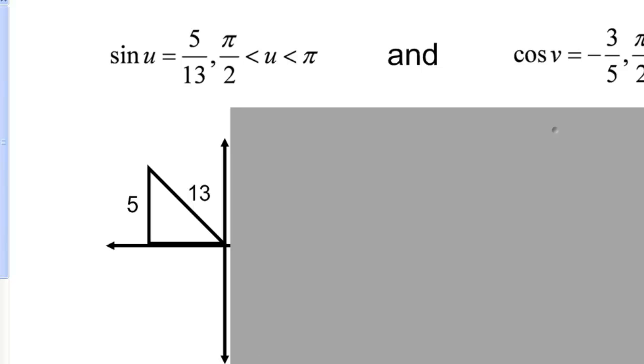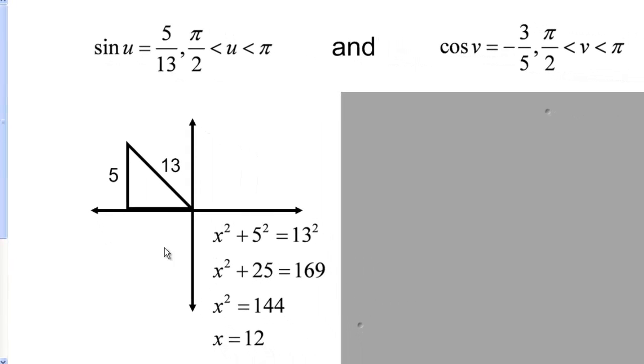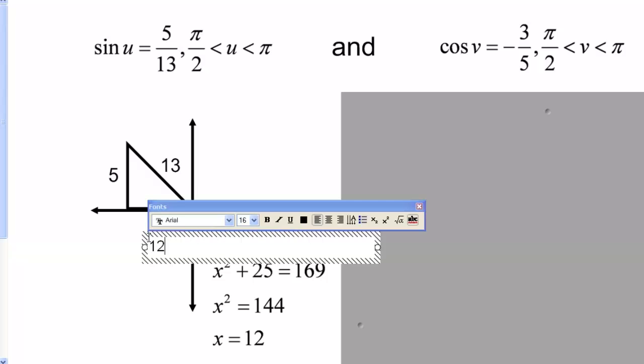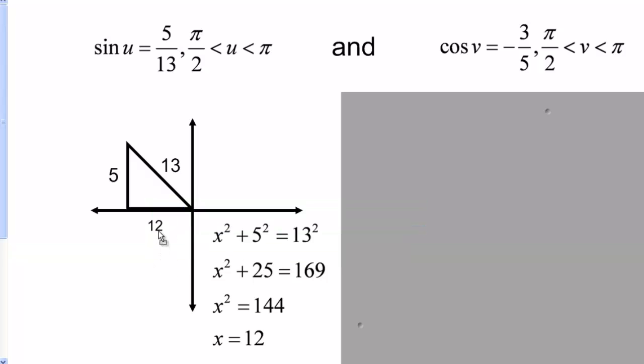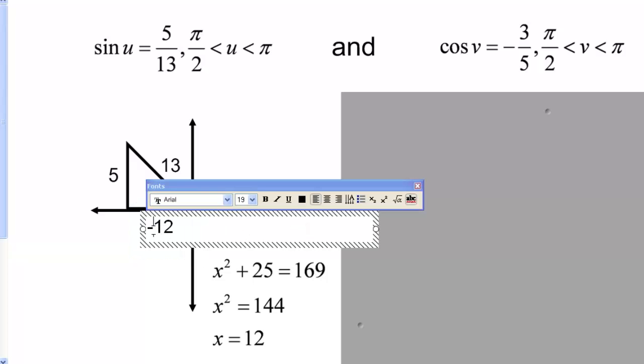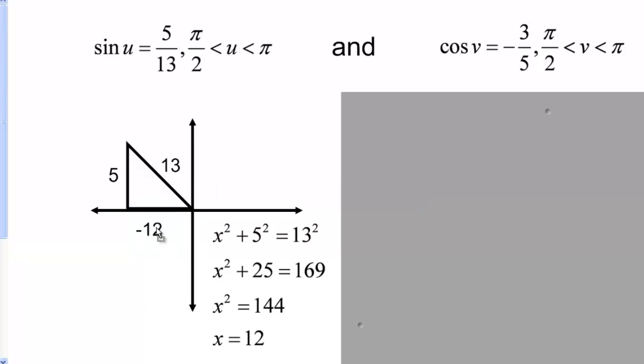So what I do next is Pythagorean theorem, and I know that x is 12, but you have to be careful. Since we're in the second quadrant, x isn't just regular 12, it is negative 12. So that means that my cosine of u is going to be negative 12/13.